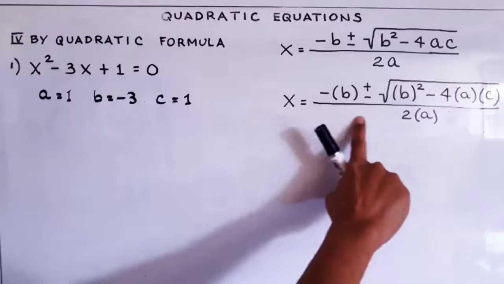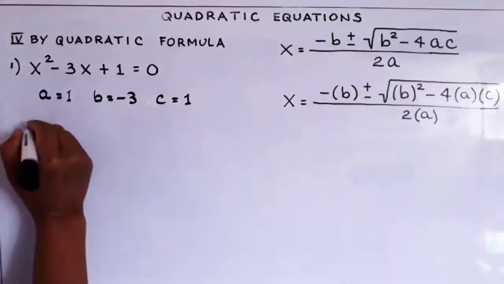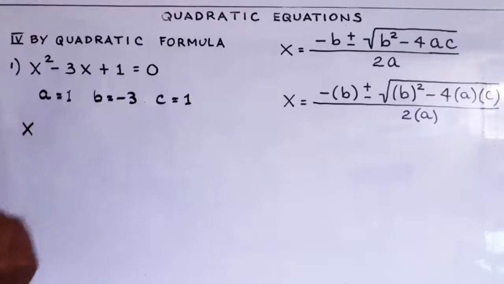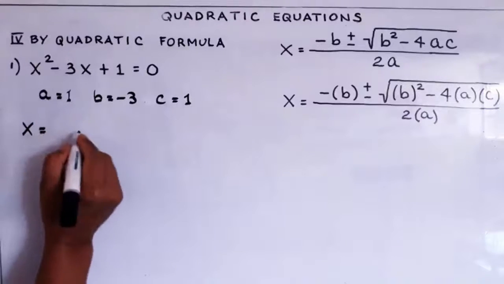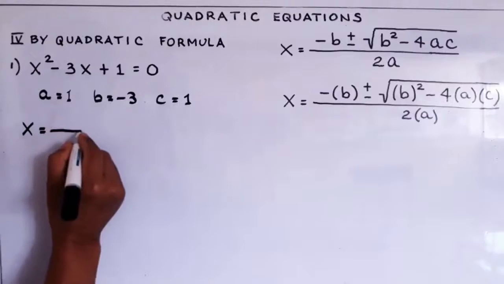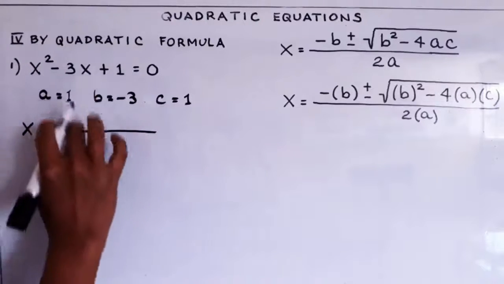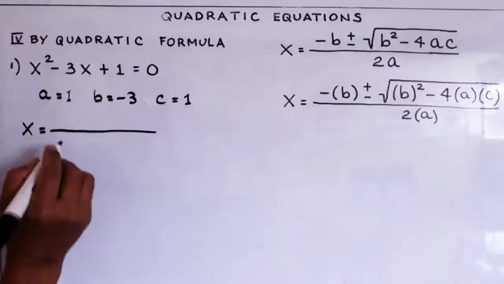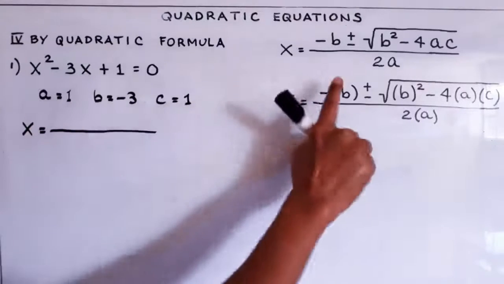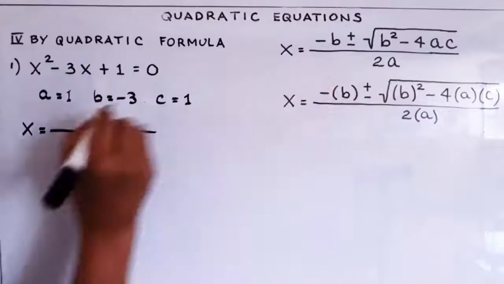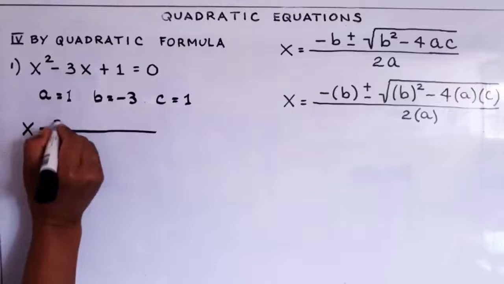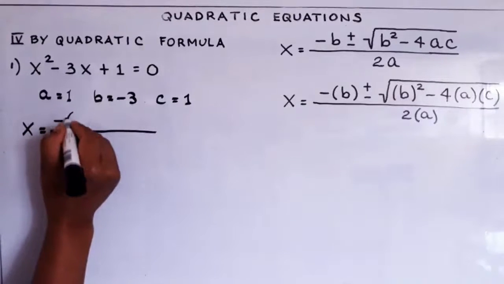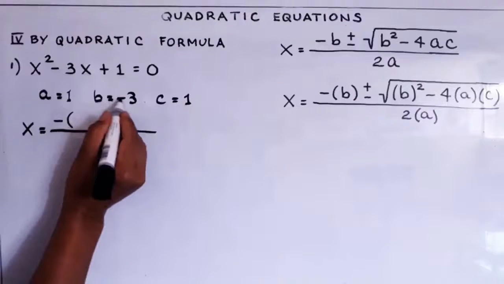Then we use now our quadratic formula. So we have x here, put the equals, and put this fractional bar so it will be nice to look at. And then you have minus, put the b in brackets because that's negative.